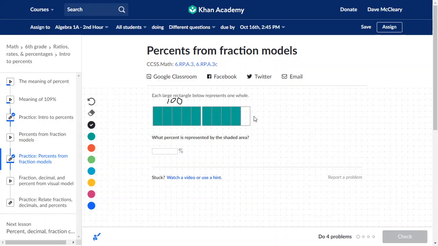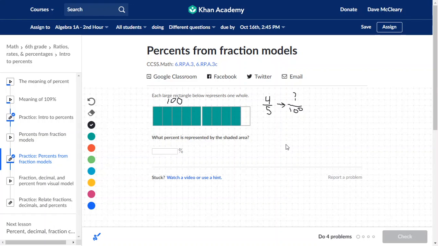But on the right side here, I have 4 out of 5. And I need to change that to a fraction that is something out of 100. So I've got a question mark out of 100, or an X out of 100.